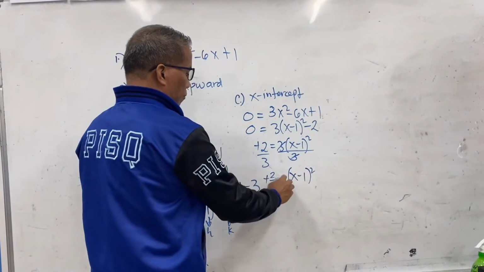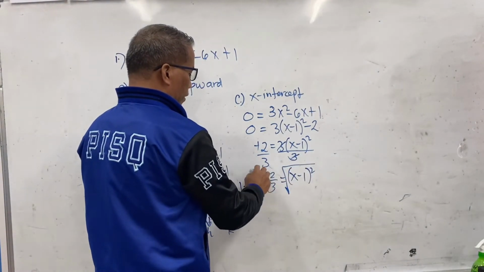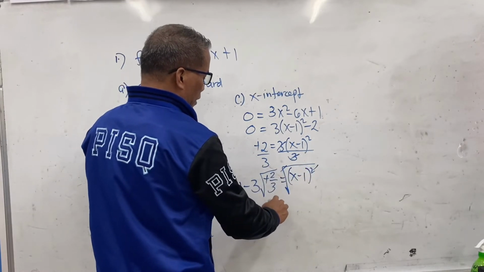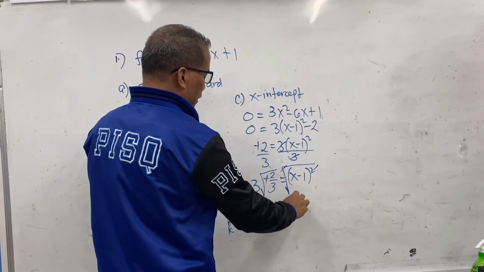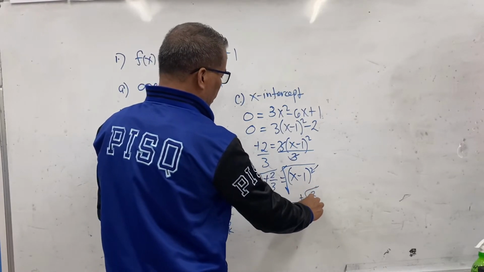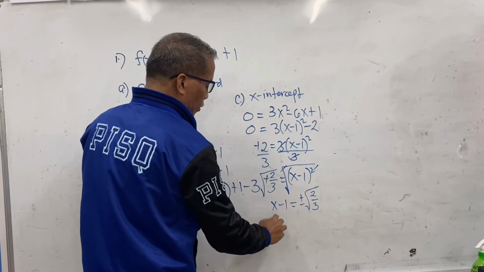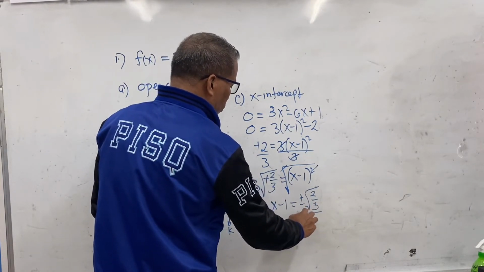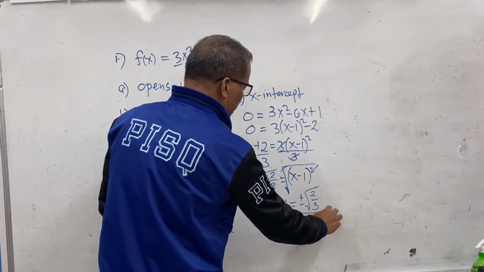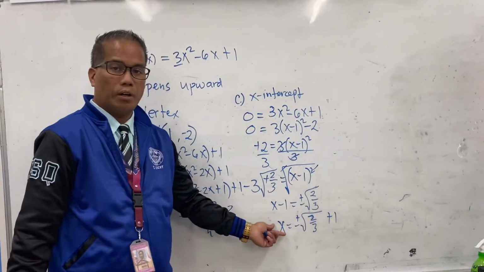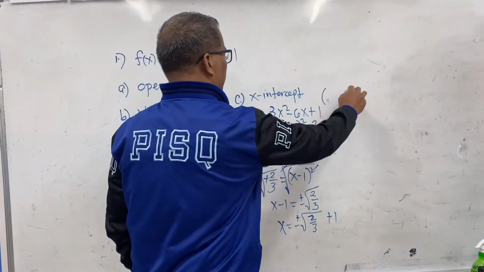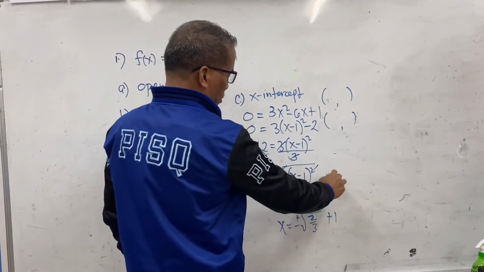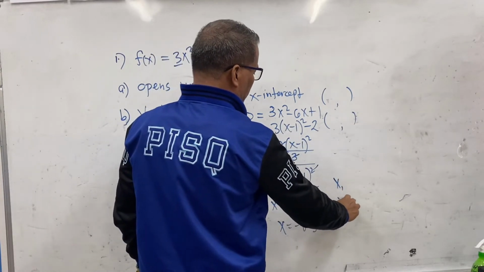Then to remove the square, apply the square root property. So x minus 1 equals positive or negative square root of 2 over 3. Then transpose negative 1. So x equals positive or negative square root of 2 over 3, plus 1. This will be the value of x, but let us find the x-intercepts, x1 and x2 here.